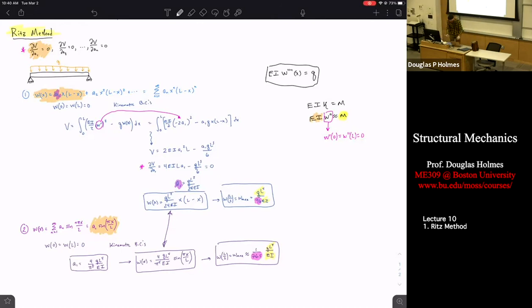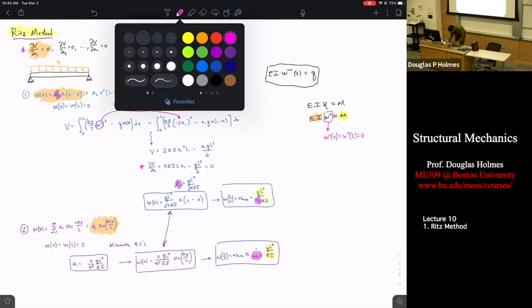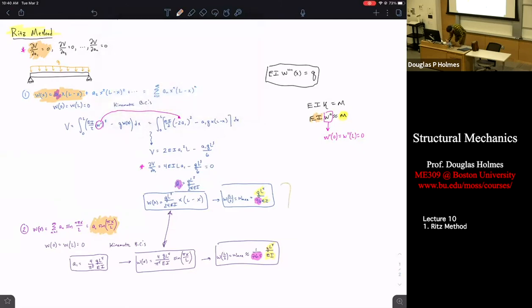The exact answer to this problem, which is found by solving the equation I boxed in black up there, is W max equals QL to the 4th over 76.8 EI.